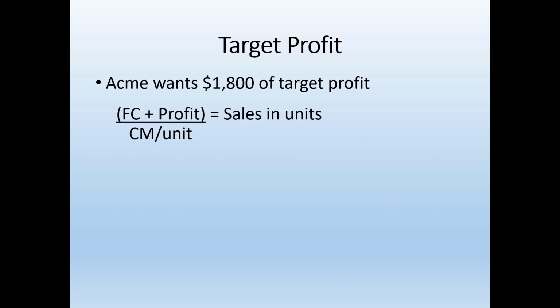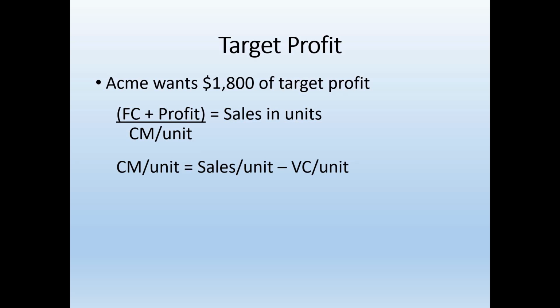Now, supposing that ACME doesn't just want to break even, they want to earn a profit. In this case, they want to earn $1,800 of profit. So we start with our basic formula. Contribution margin hasn't changed.